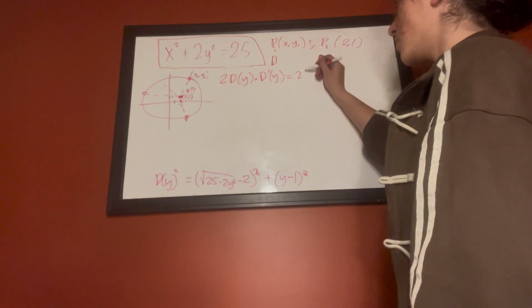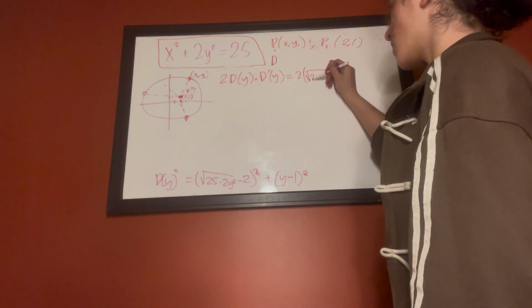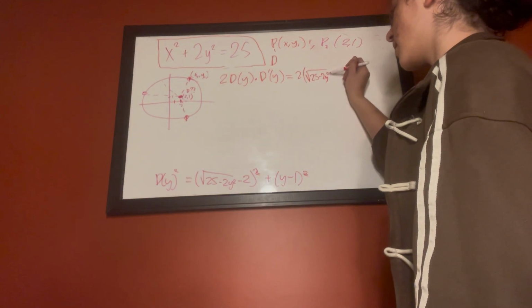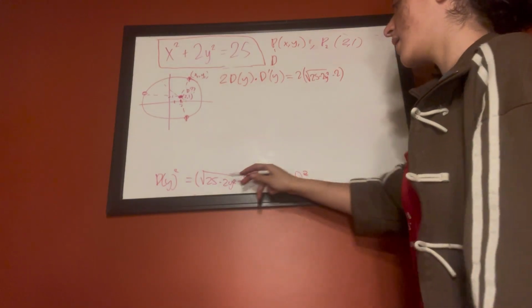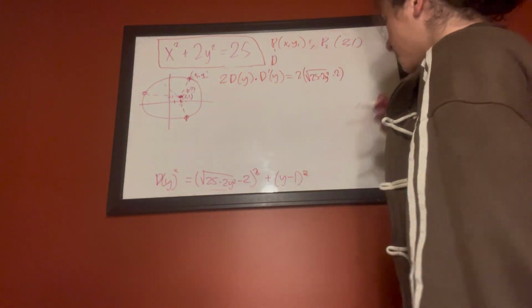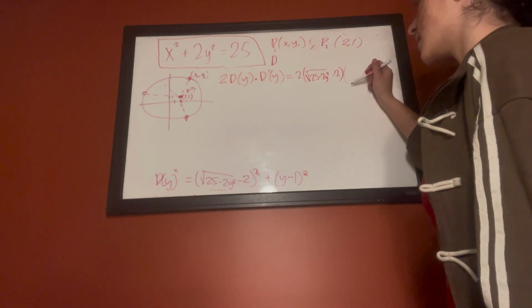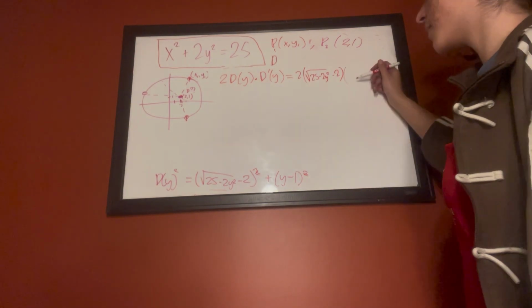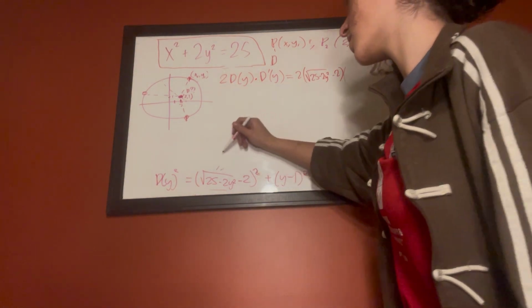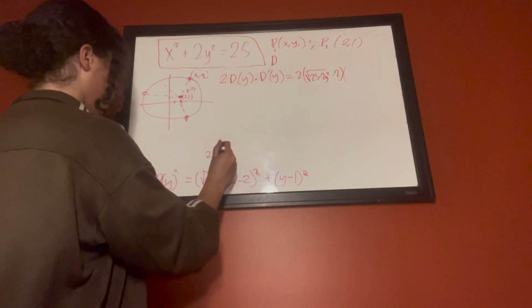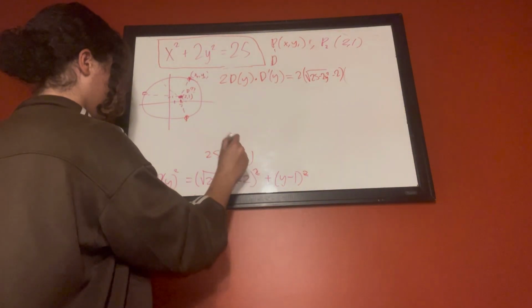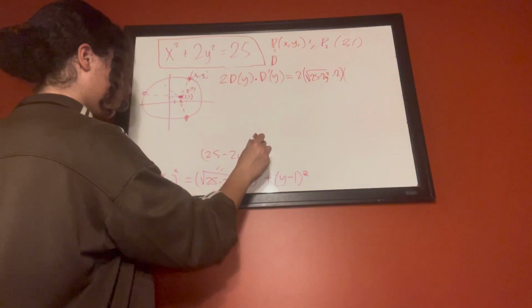I get 2 times the square root of 25 minus 2y squared, minus 2. And now I'm going to do my inner derivative, my chain rule once again. So times, so this, of course, is just 25 minus 2y squared to the 1 on 2.